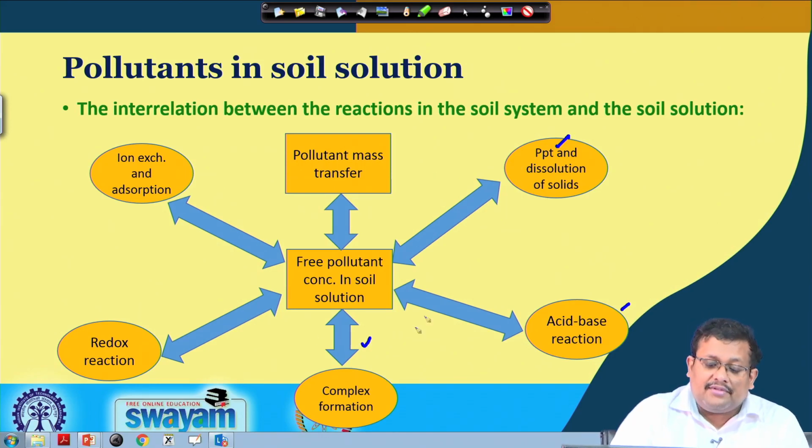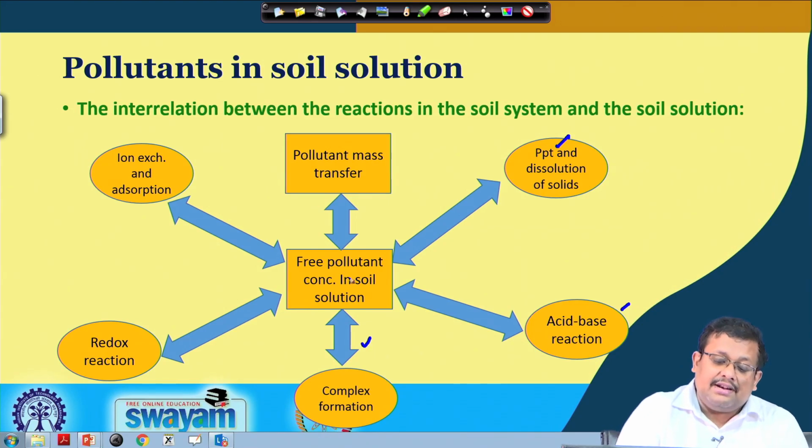Apart from these three, we can see the pollutant must transfer from this free pollutant concentration in soil solution, which is also a both way reaction. So, all these reactions which you are seeing in this diagram are going in both direction.